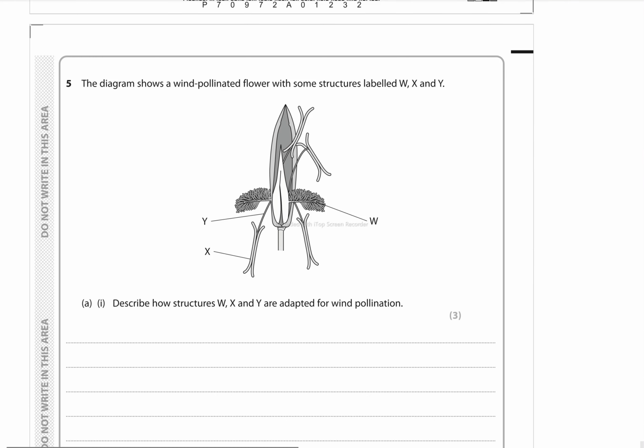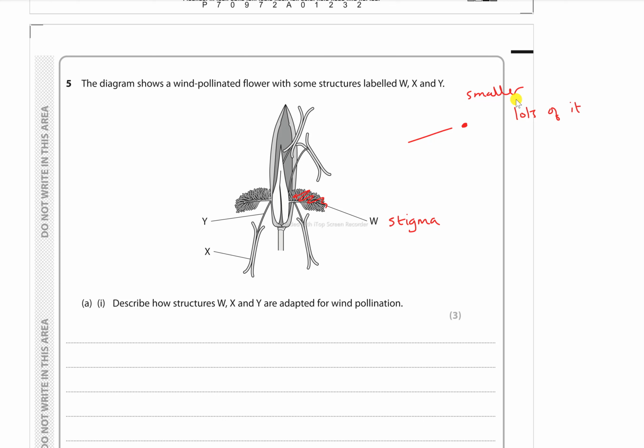Right, so that looks as if it's a wind pollinated flower. So that feathery part is the stigma. It catches pollen flying in the wind, and wind pollinated pollen is smaller and there's lots of it.